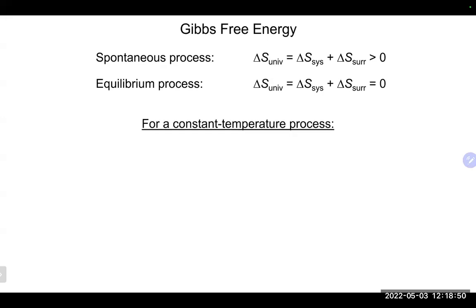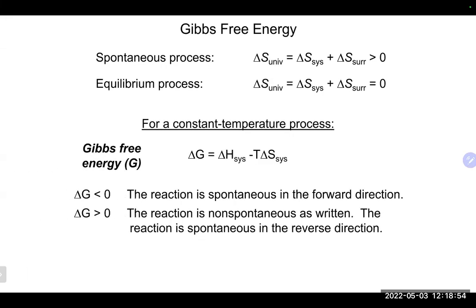Okay, so there is another thermodynamic value that's important for us, and this is what is referred to as Gibbs free energy. It is a different letter in the alphabet, which is delta G here. I know it kind of looks like a 6, but it's a G. Delta G is Gibbs free energy, and it's basically energy that's available to do some type of work.